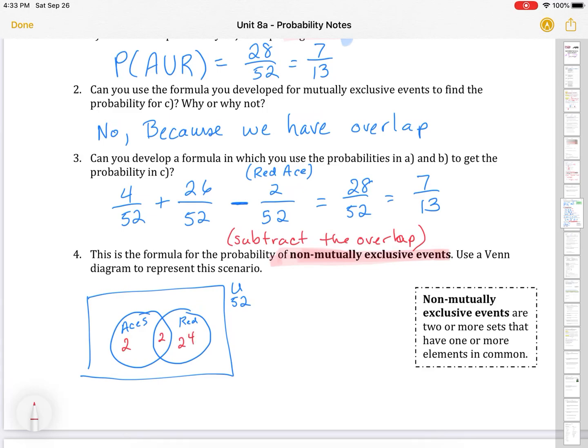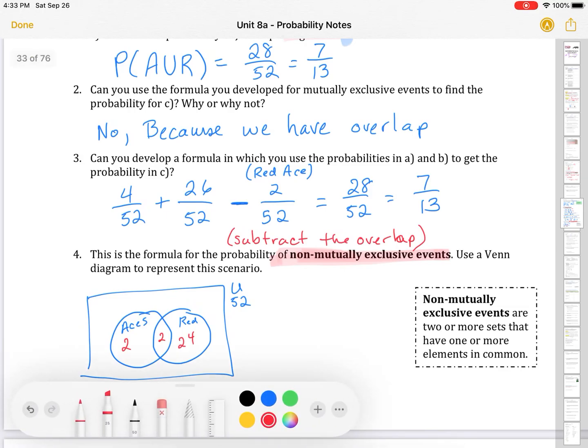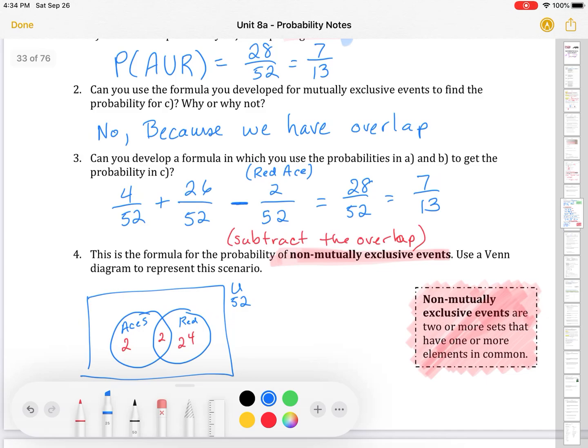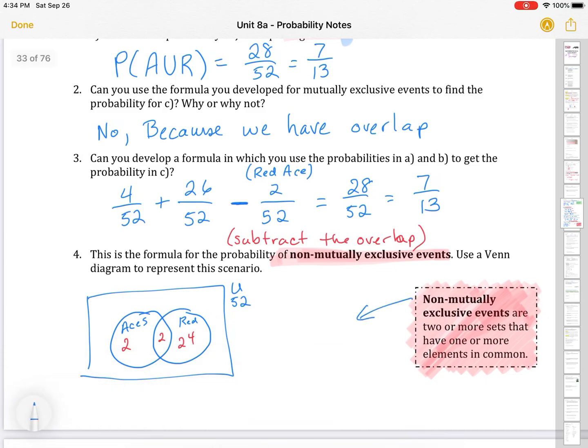Well, in the aces, I'm going to have 2 here, 2 here, and for my red cards that are not aces, I have 24. So if I add all those together, I get the 28 out of 52.